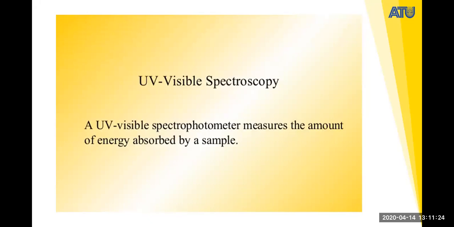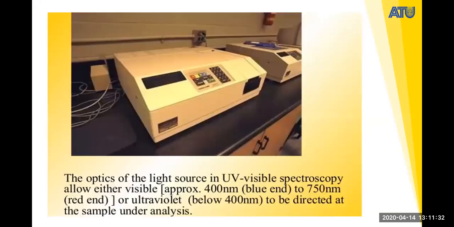An ultraviolet visible spectrophotometer measures the amount of energy absorbed by a sample. The optics of the light source in ultraviolet visible spectroscopy allow either visible light, up to 750 nanometers, or ultraviolet light, below about 400 nanometers, to be directed at the sample under analysis.